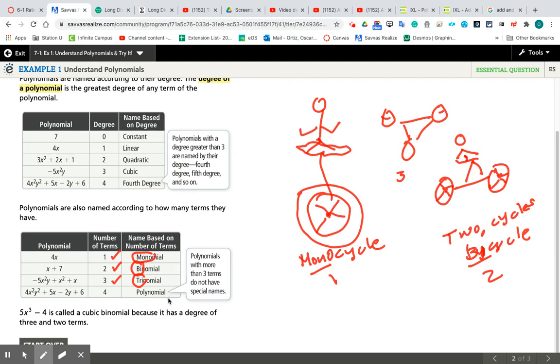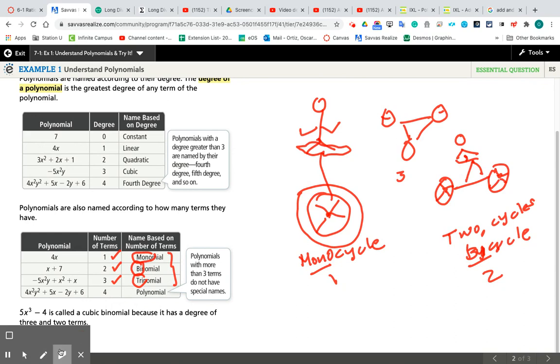It's going to be a polynomial of 4 terms, a polynomial of 5 terms, and so on and so forth. So only the first 3 receive special names, right? So this one, how many monomials or terms? Only 1. So that is a monomial. This one has 2, so that is a binomial. This one has 3, so this is trinomial. 1, 2, 3, 4. This is a polynomial with 4 terms.